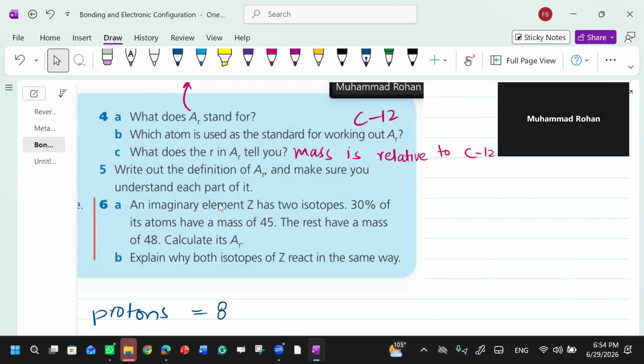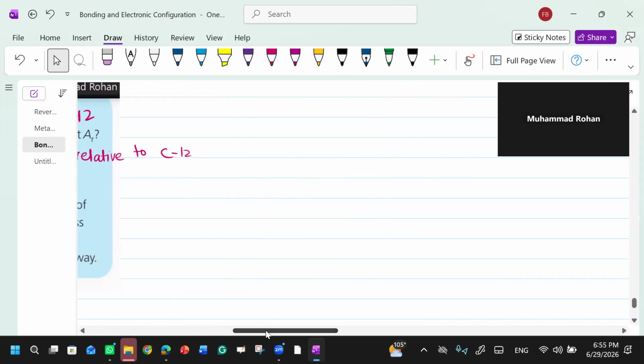It's the average mass of an atom of the element compared to the 1/12th of the carbon-12 atom. Yes, we say that the relative atomic mass of an element is the average mass of its isotopes compared to the carbon-12 atom. Okay, I am writing it. You can take the screenshot.